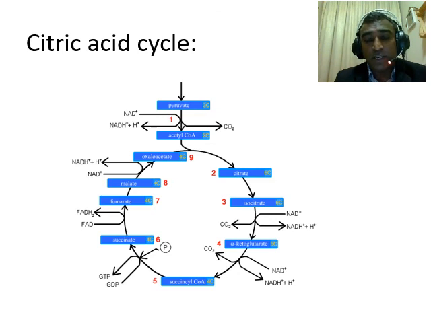So that's in terms of the number of NADH, FADH2, as well as one GTP. Other than that, you can see that there is a loss of carbon dioxide at two locations. Therefore, the number of carbon for the intermediate reduces at these locations.